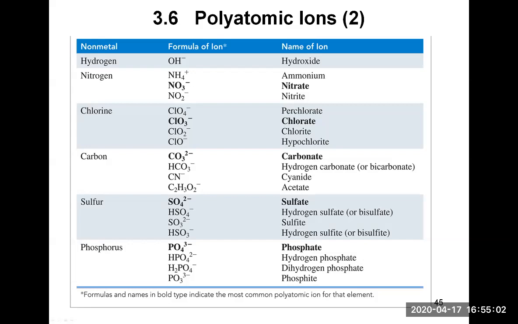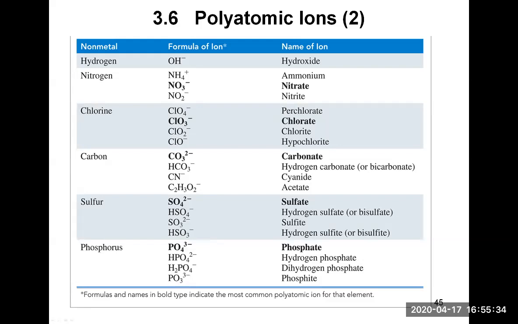For example, nitrogen binds to oxygen to make the nitrate ion. And when there is 1 less oxygen, it's called the nitrite ion. So typically the names for polyatomic ions end in ate, A-T-E, or ite, I-T-E. The ate version of the ion has more oxygens than the version that ends in ite.